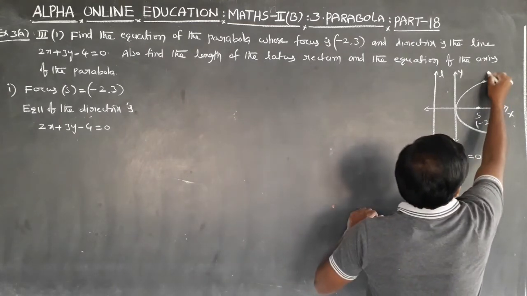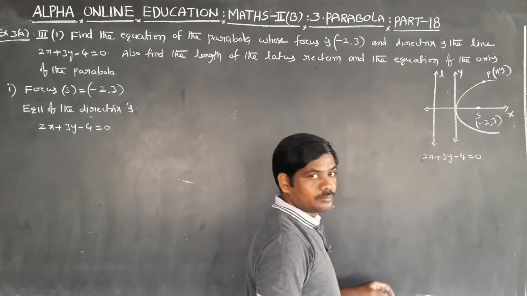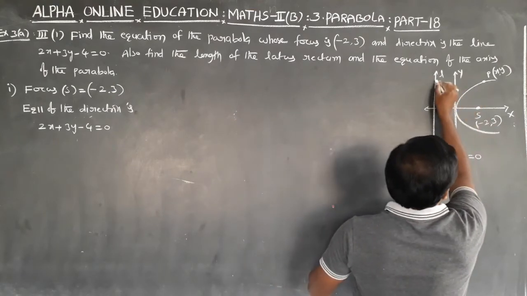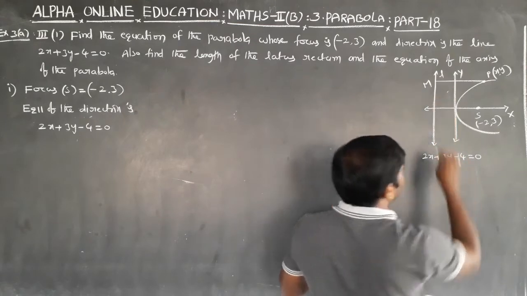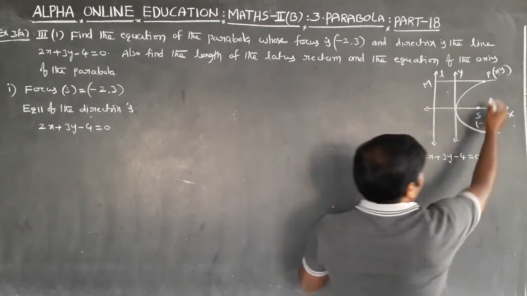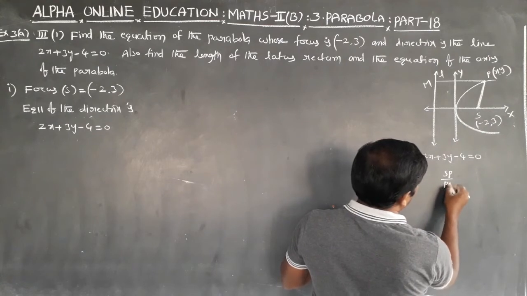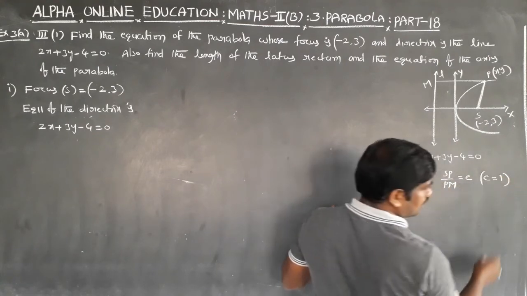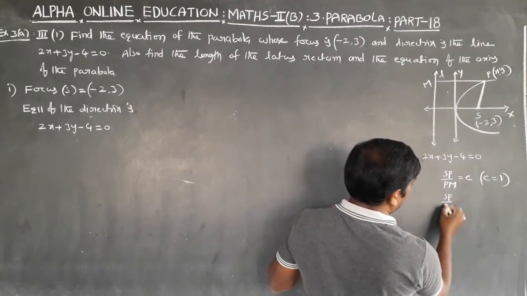Here let P(x, y) be any point. PM is the perpendicular distance from P to the directrix. By the definition of the parabola, SP by PM is equal to 1. If e is equal to 1, it is called a parabola.